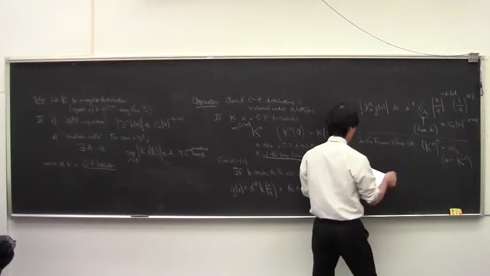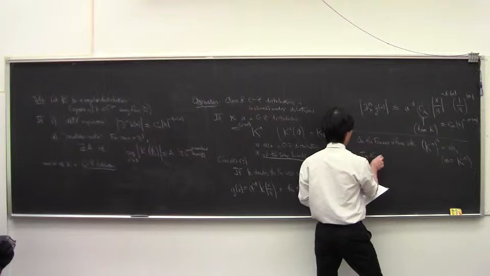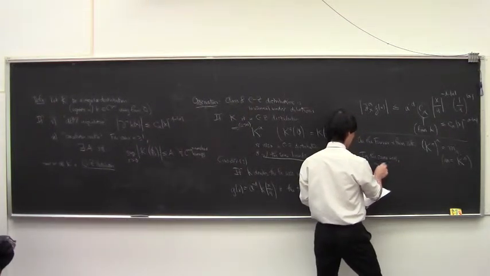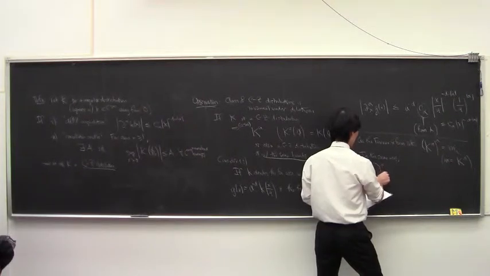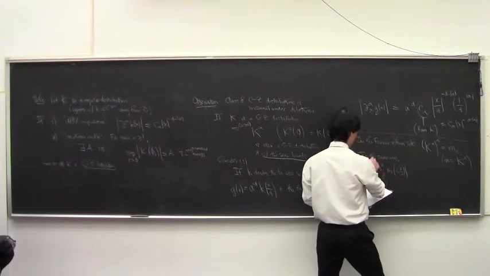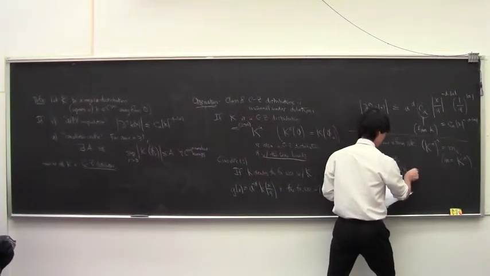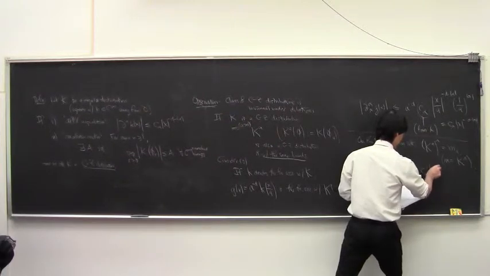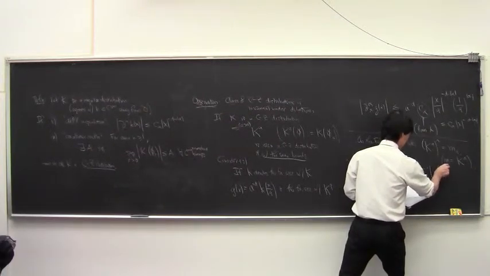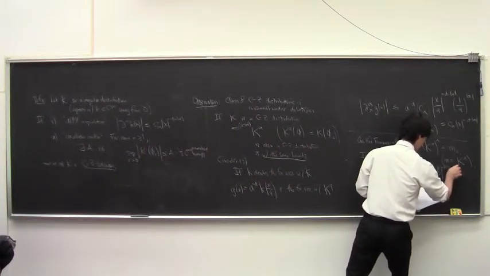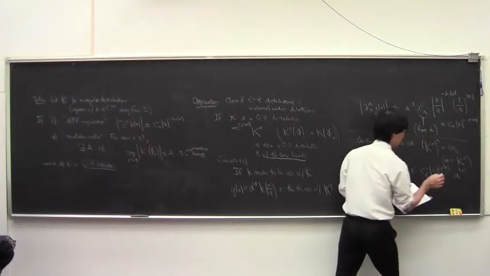And then in the same way, if you take the derivative of that, well then, it's controlled by c alpha prime, a to the size of alpha.